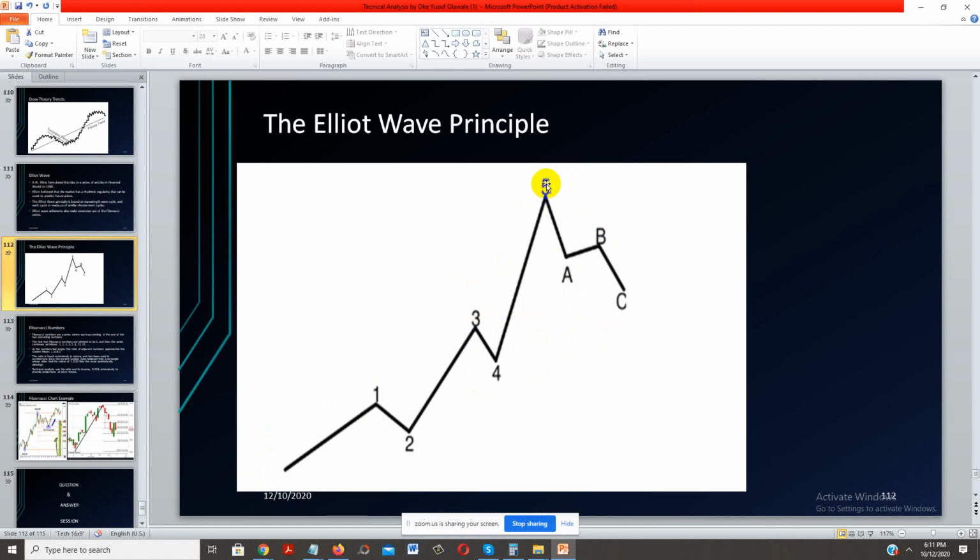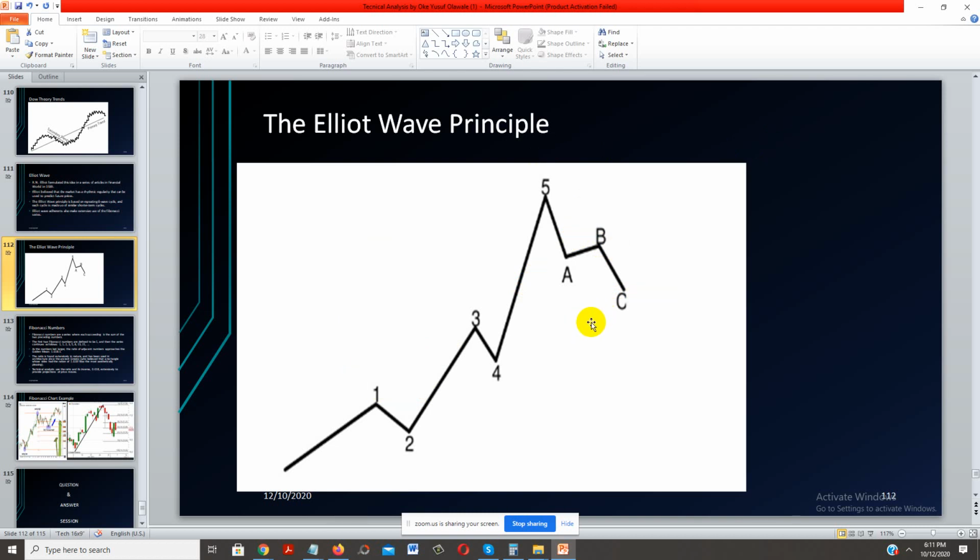So that's the ABC correction. Then after the ABC correction, another Elliott wave continues. Now Elliott wave could be for both downtrend and uptrend. The good thing about Elliott wave is it also helps you to determine support and resistance. Remember what I told you, that everything we are going to be doing here is all about support and resistance.